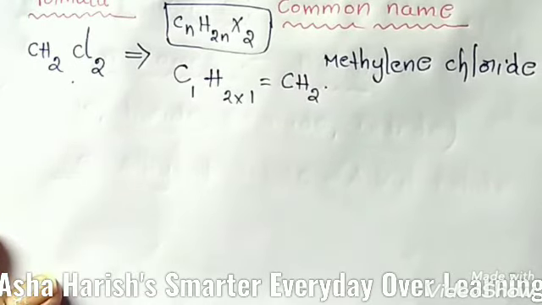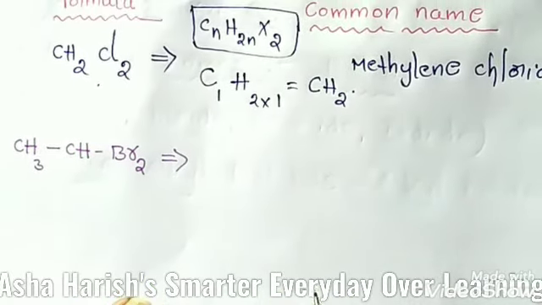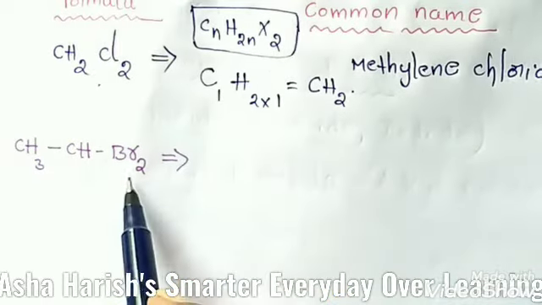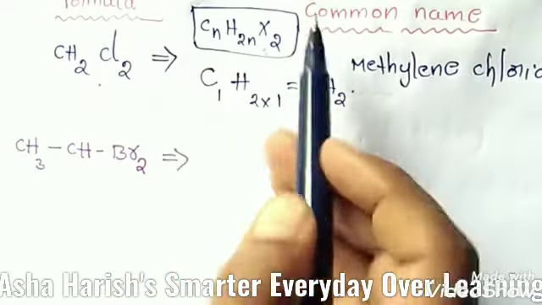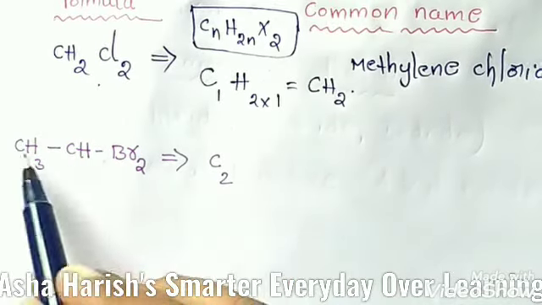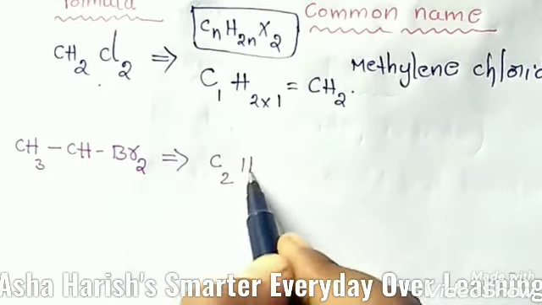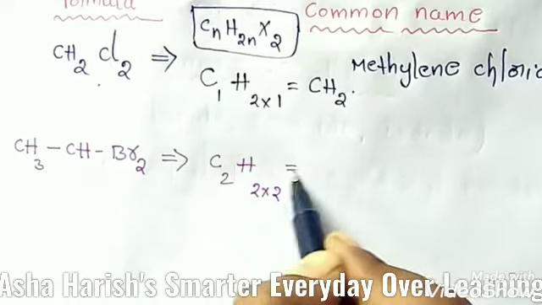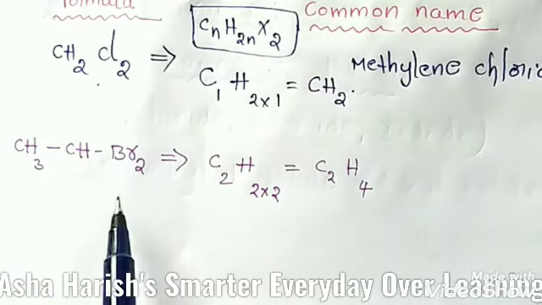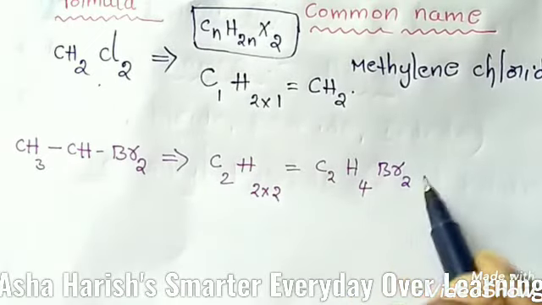And what is the second example we have? CH3CHBr2. For this also, based upon the general formula, X is the halogen, here bromine, so Br2 is X2, which is satisfied. And here C2, 2 carbon atoms, so n is 2 and H is 2 into 2, that is C2H4. Here, how many hydrogen atoms? 3 hydrogens plus 1, so C2H4Br2 is the formula.